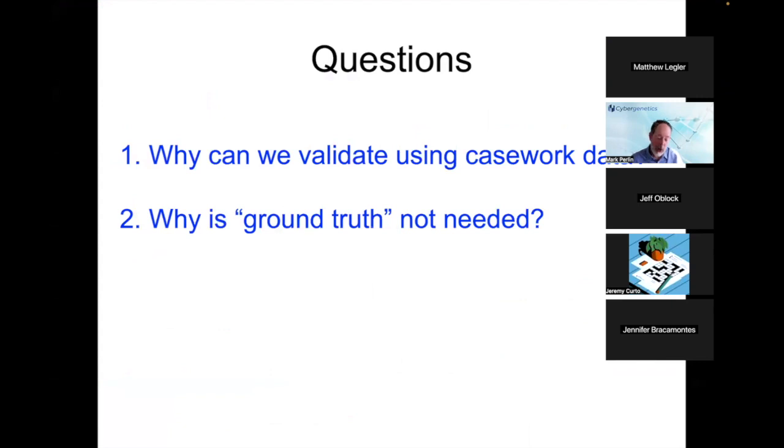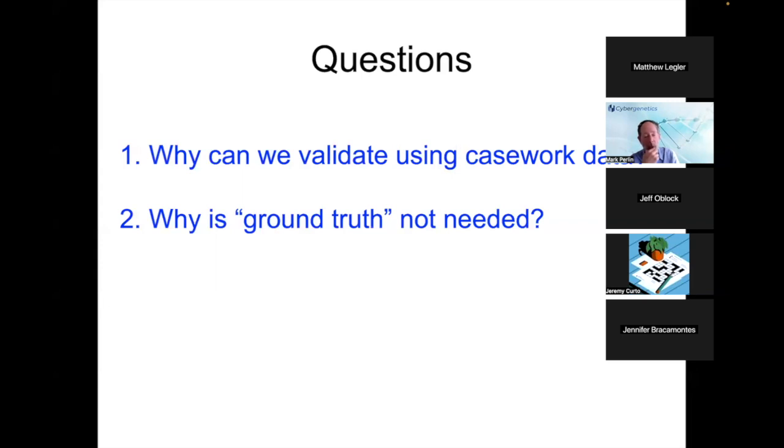So we're talking about validation, and people have made interesting comments about validating with casework data. But we published with Virginia DFS on this over 10 years ago, and it's simply not an issue.